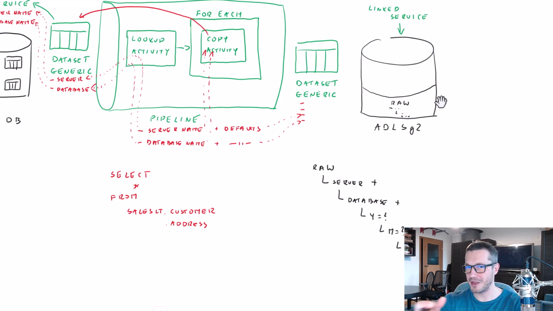But because our copy activity is inside our for each loop, and in every iteration of the loop we have access to the current item, we can use those values from the loop, right? Because in every iteration we know exactly what table we are working on at this moment. So let's configure this.